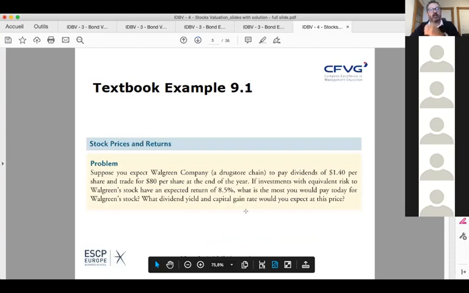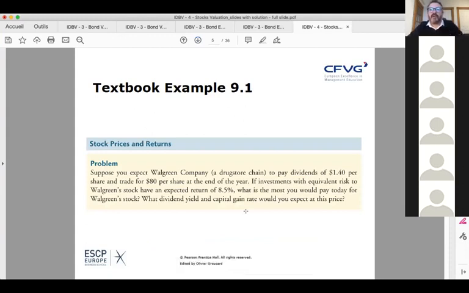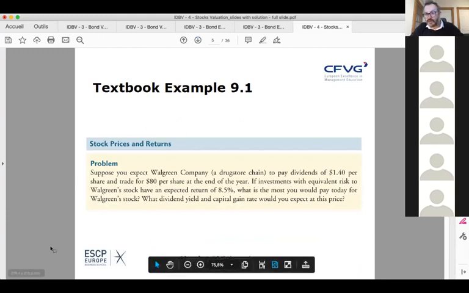Suppose Walgreen Company pays a dividend of 1.4 per share and trades for $80 per share at the end of the year. If investments with equivalent risk to this stock have an expected return of 8.5%, what is the most you would pay today for the stock? Firstly, please calculate P0, and then calculate the dividend yield and capital gain rate.